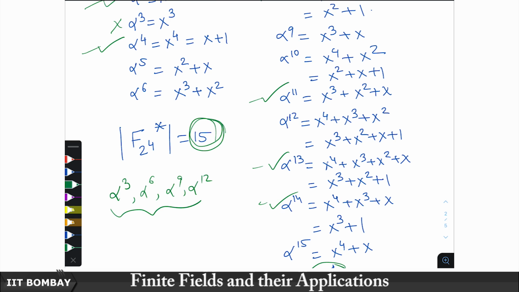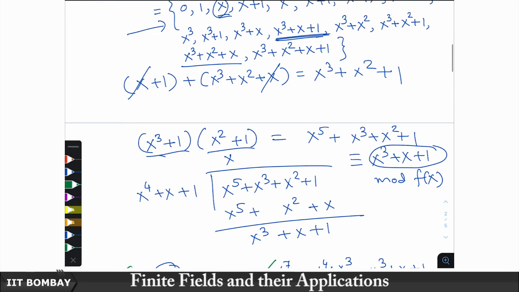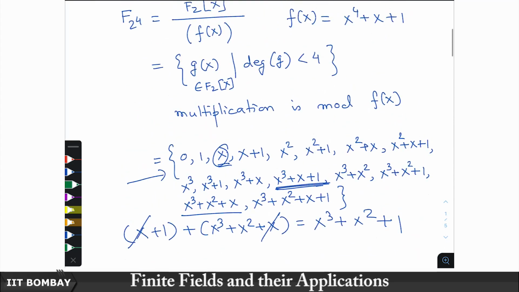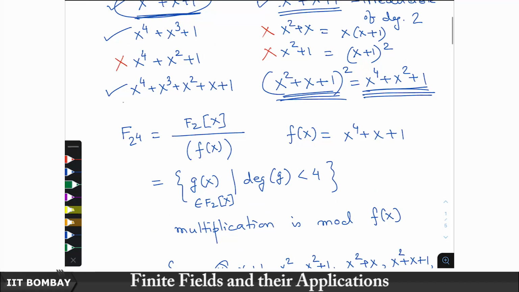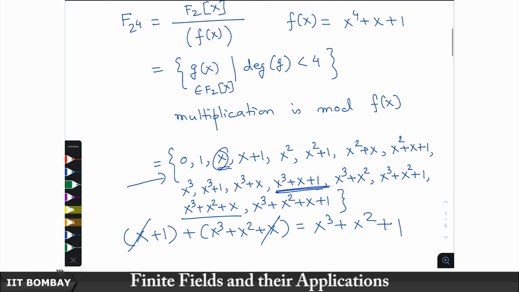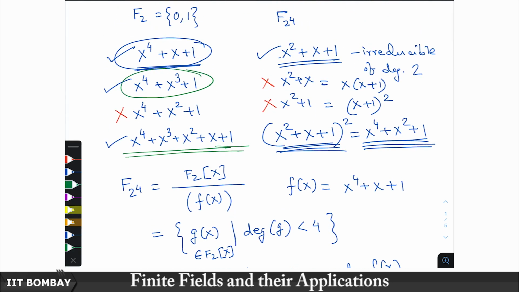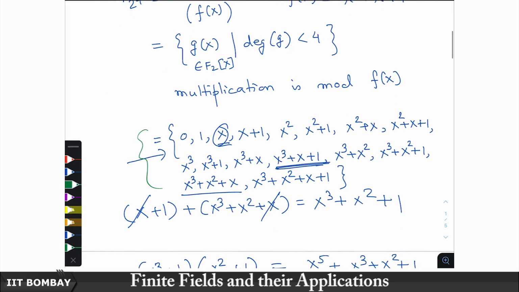And we will see later that in fact, they are the roots of this polynomial as well, x cube plus x square plus x plus 1, this. So, if we construct this field in the same way by taking this irreducible polynomial instead, we will see the same phenomenon that x is a primitive element.